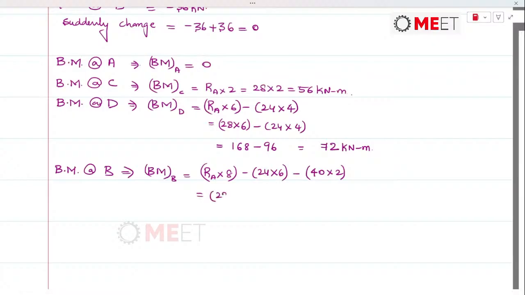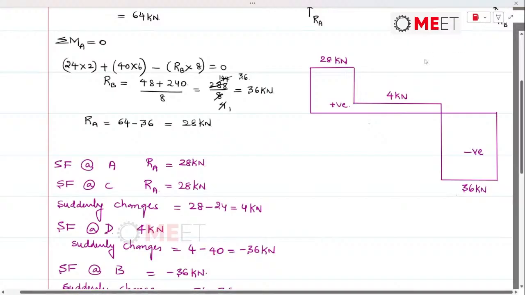So RA is 28 into 8 minus 24 into 6 minus 40 into 2, which is 224 minus 144 minus 80, and this will be equal to 0. So bending moment at the hinge and roller support will be 0.